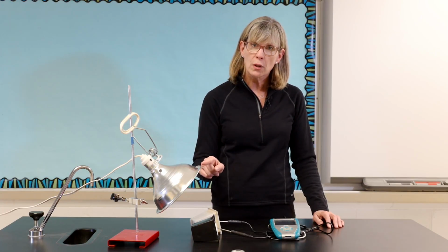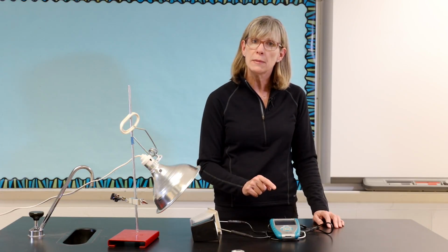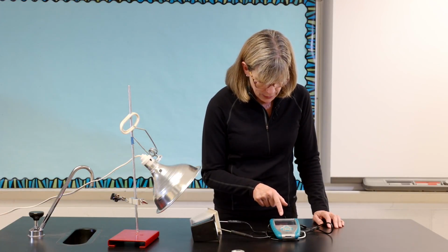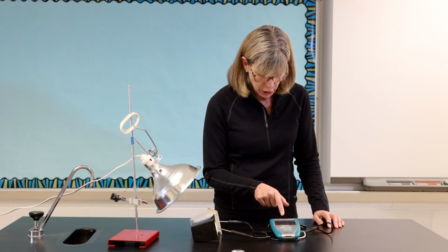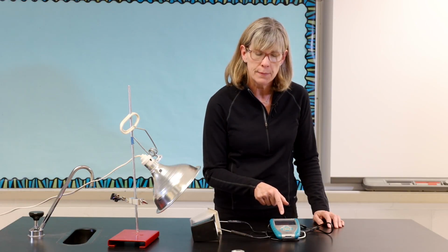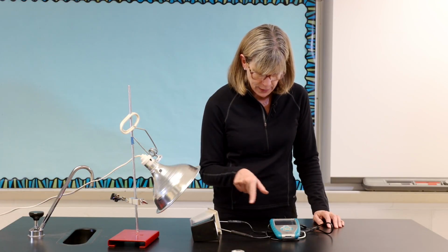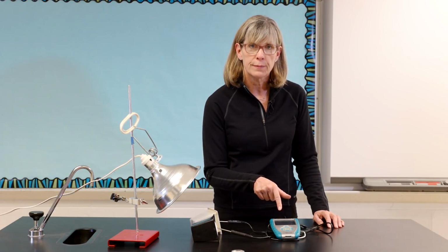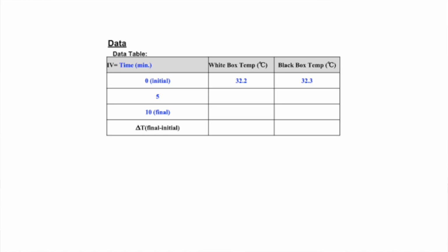And before I turn the light on, we'll record time 0 minutes as what I'm telling you now as I read off the LabQuest. So the black box's initial temperature is 32.3 degrees C, and the white box's initial temperature is 32.2 degrees C. Those readings are recorded here in the data table at time 0 minutes.